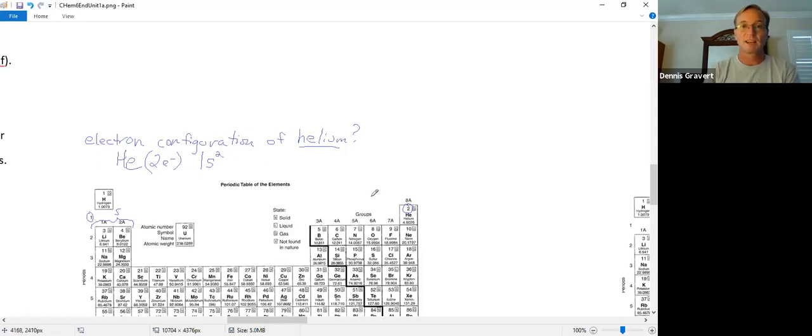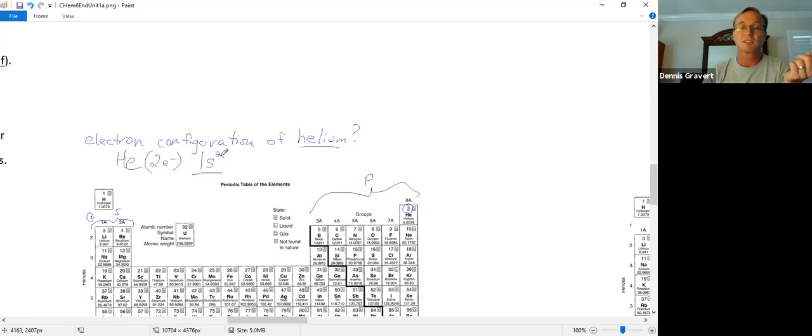And we're done. And I know helium's over here in the p block. Sorry, I guess there's an exception. You need to finish filling the orbital before you can move up to the next subshell or the next shell. We're done. So on the exam, if I say what's the electron configuration of helium, you could say it's 1s squared.